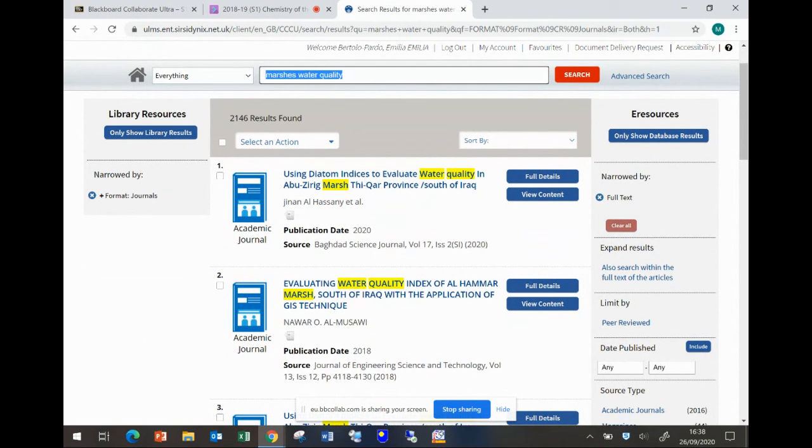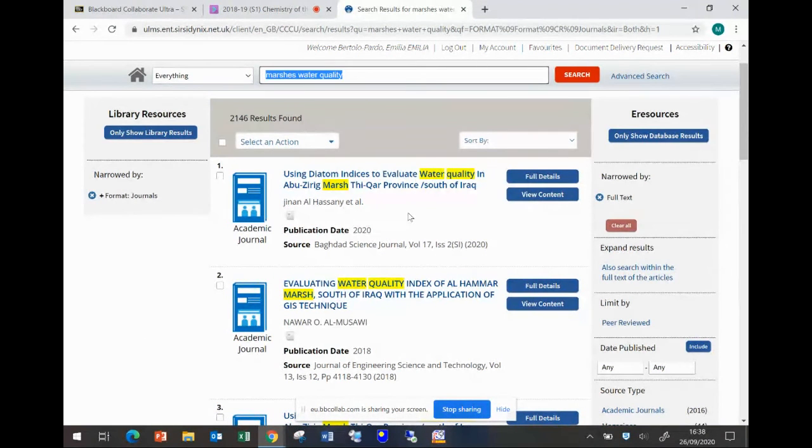And then I will look at those papers and I will think, for example, these people, diatom indices, those are not physicochemical parameters. They haven't probably analyzed pH or nitrates or phosphates, but it can still help me to put my results in context with what other people are doing.